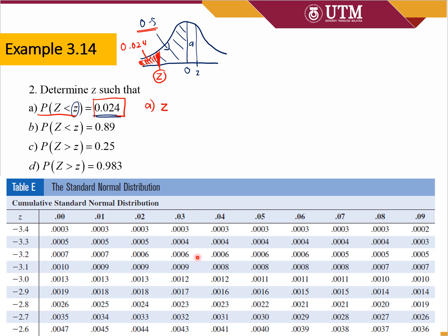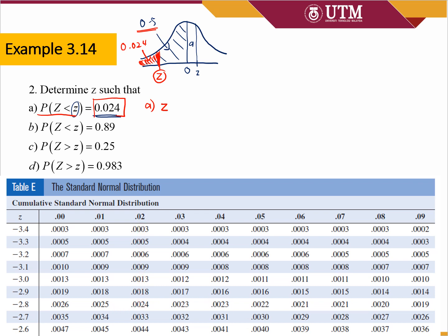in this table. Okay, 0.024, so you have to go through one by one. And you can see here, 0.024 is this one, where the Z value is negative 2.82.